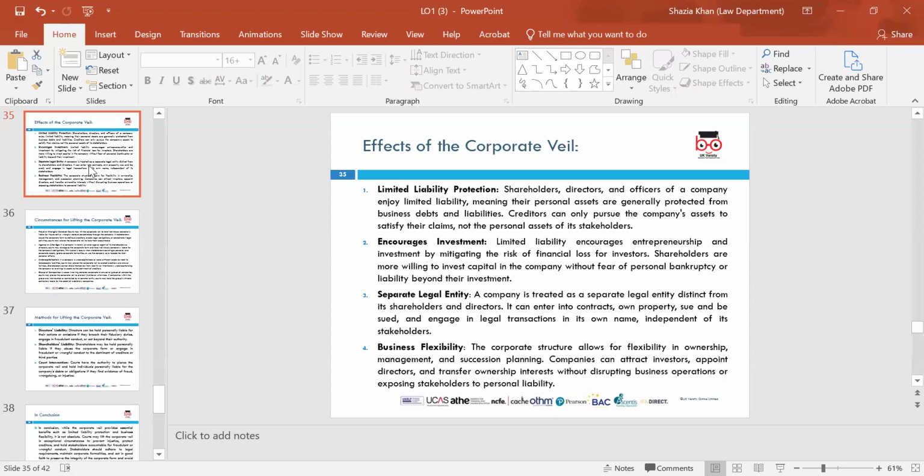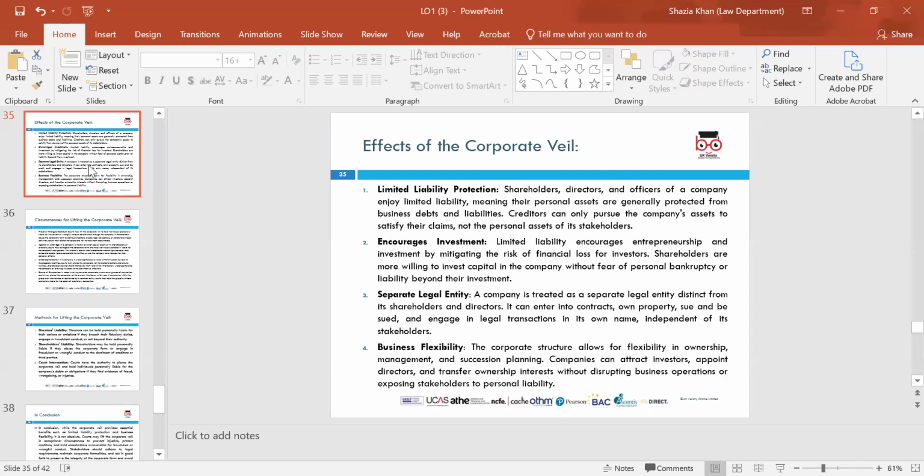Separate legal entity. A company is treated as a separate legal entity distinct from its shareholders and directors. It can enter into contracts, own property, sue and be sued, and engage in legal transactions in its own name, independent of its stakeholders.